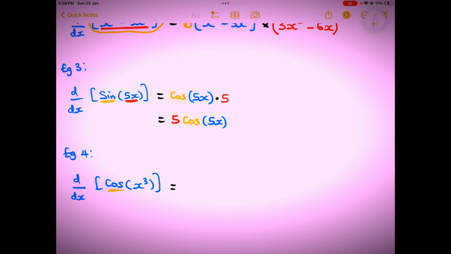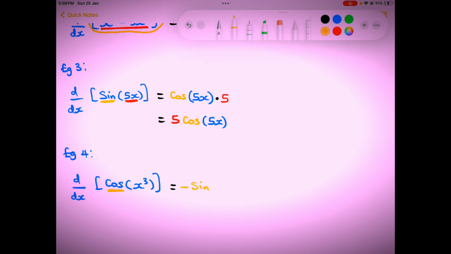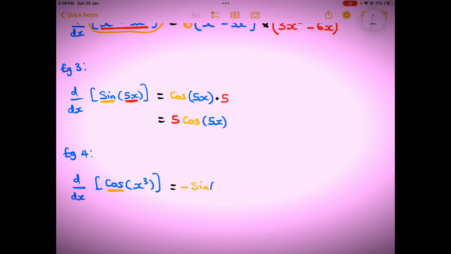The outside function is the cos, and when we differentiate cos, we get minus sine. So you differentiate the outside, then you keep the inside as it is. So this is the first step, right?